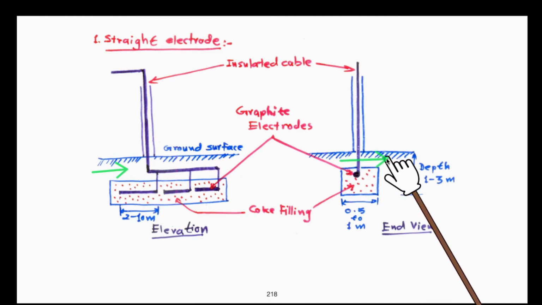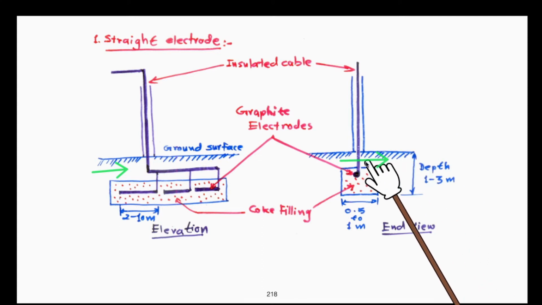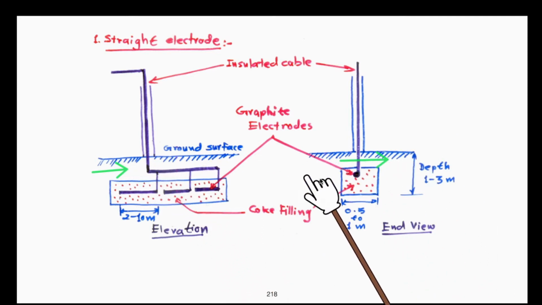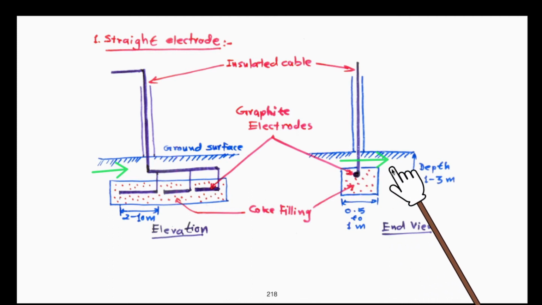Because the properties of the soil, resistivity and all, are selected based on the choice of electrode site, naturally when we replace it, we don't replace it by some concrete or something like that. Original soil is replaced so that the properties of the original soil are retained and it provides good conductivity, isn't it?